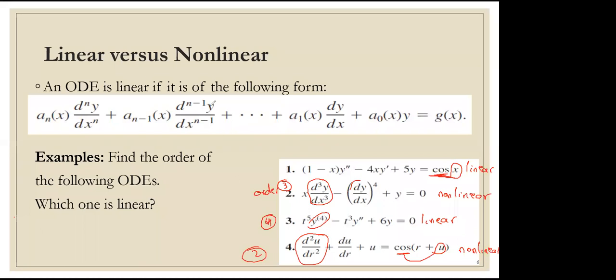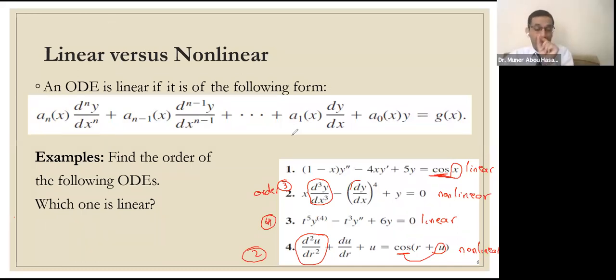Because the y has the fourth derivative. Yeah, if the y, look, I can say it is non-linear if the y or its derivative has power more than 1. So if you have here y to the power 4, it is non-linear.